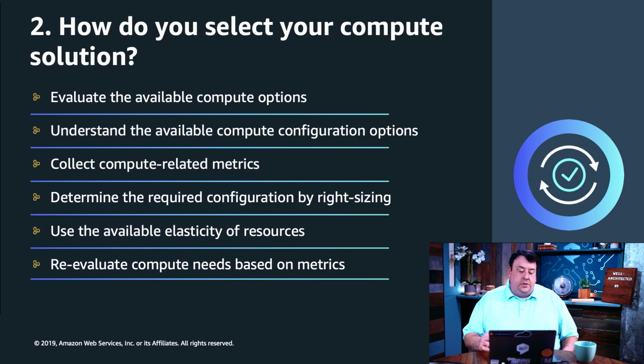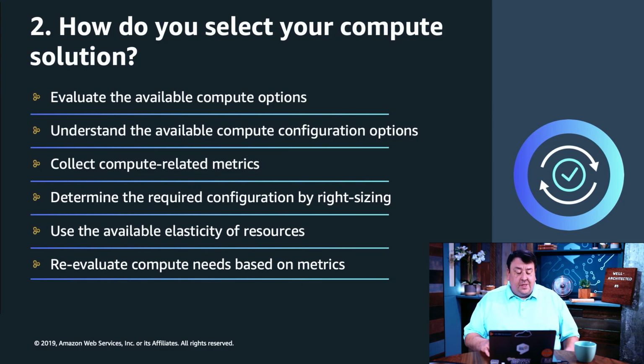So select the right resources, making sure that you have the right metrics related to those resources so that the thing you're selecting is the correct thing. Right sizing is part of that, where you say, these are the things I can do to make this smaller or bigger as the workload dictates.